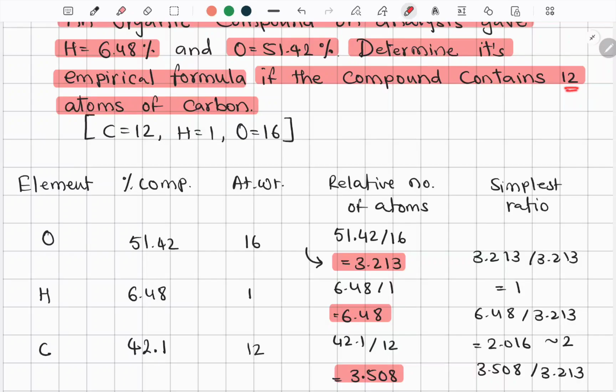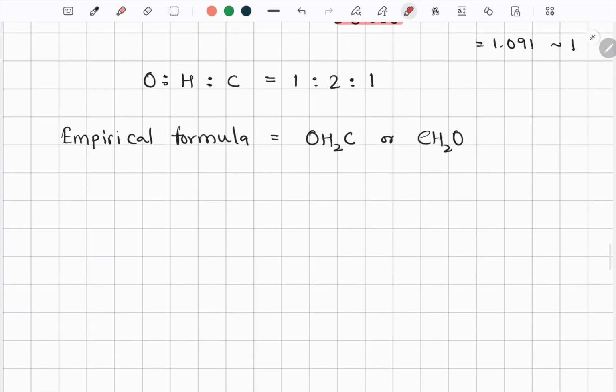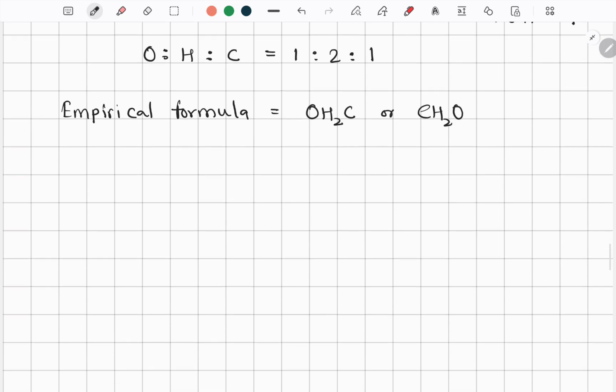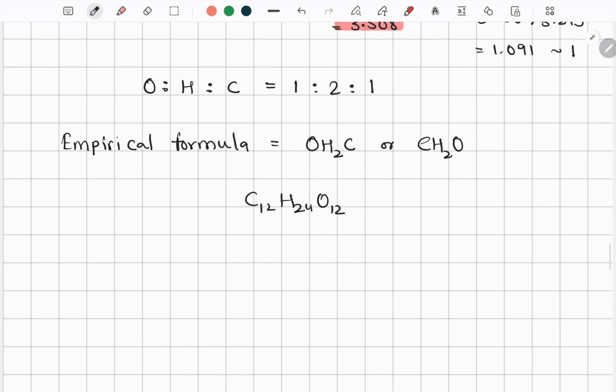As it mentions 12 here, we multiply the empirical formula by 12 and get the answer, which is C12H24O12. That is the answer asked in this question. I hope you understood this question.